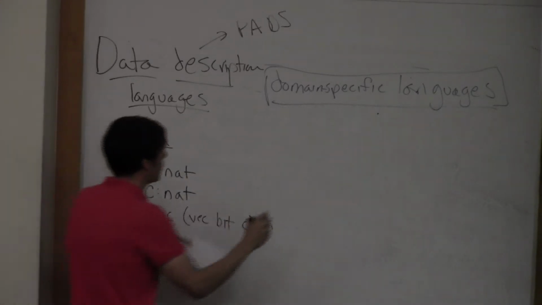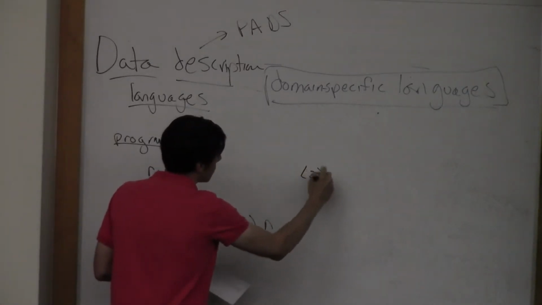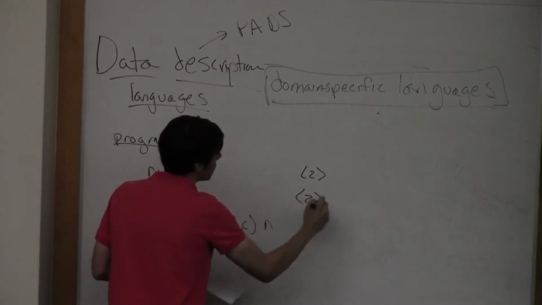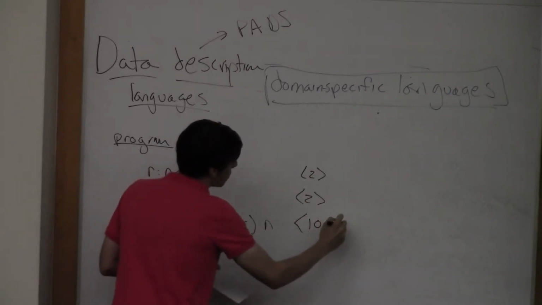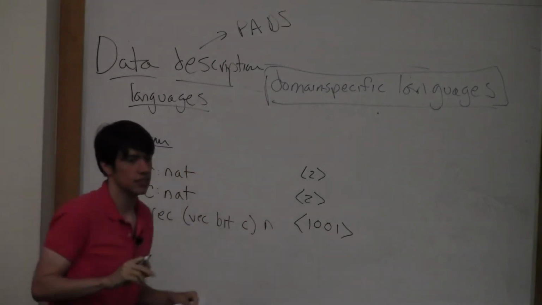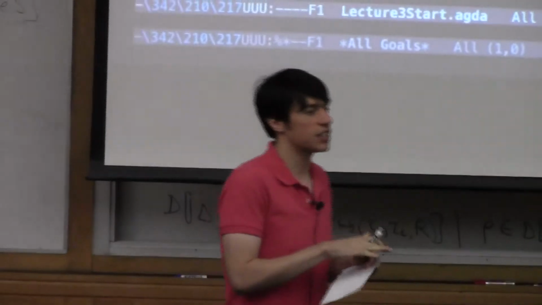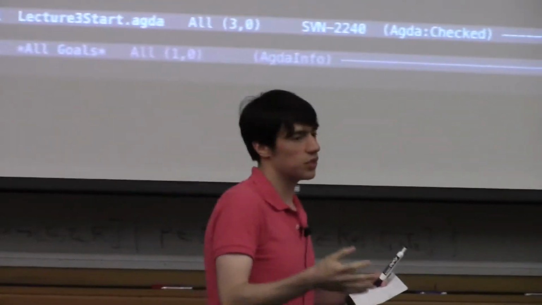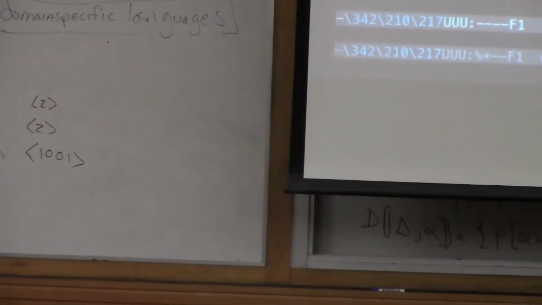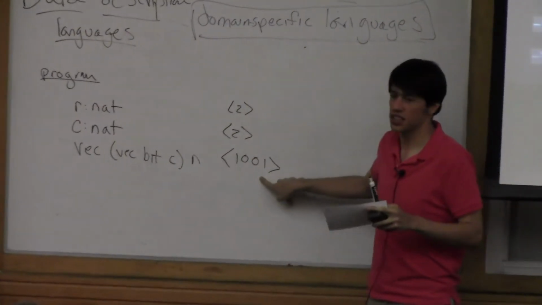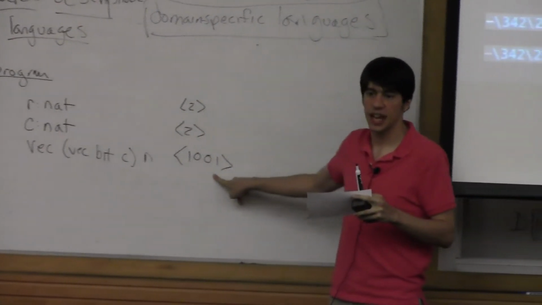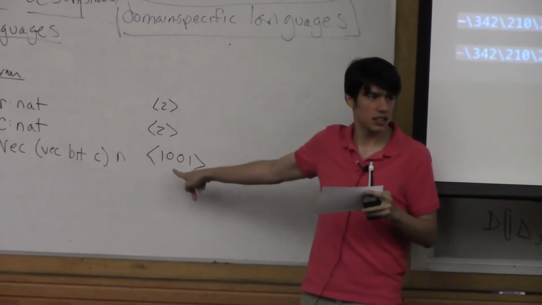So for example, you might have some string representing 2, and then some string representing 2, and then some string representing 1001. Okay, so we're just describing these file formats. This instance of the file format says you have 2 rows and 2 columns, and then here's the associated data payload. Okay, so does that example make sense?